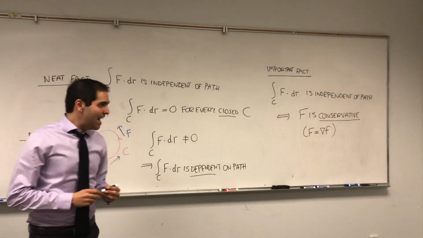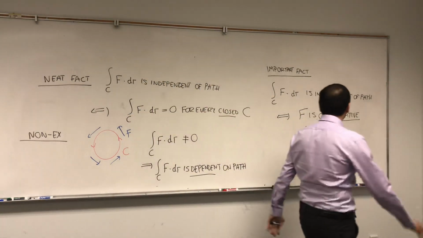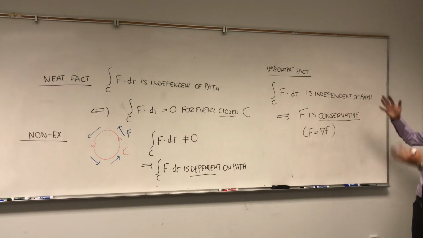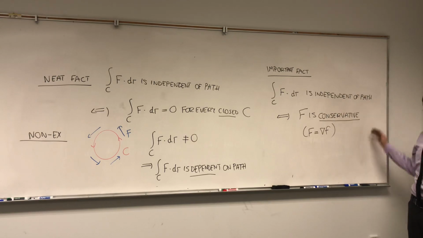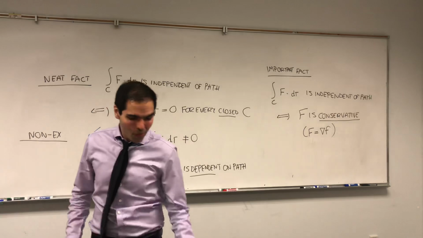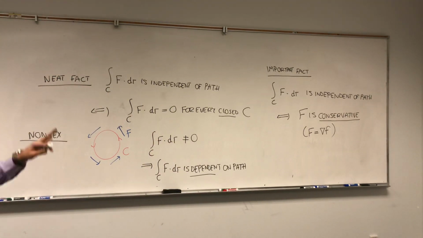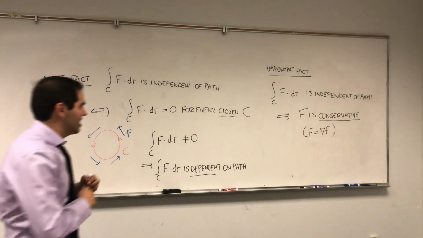Which explains yet again why conservative vector fields are nice. And by the way, in case you know some topology, I'm just assuming it's simply connected, everything is nice, so we don't have those weird counterexamples. And this one, I will prove at least one direction.